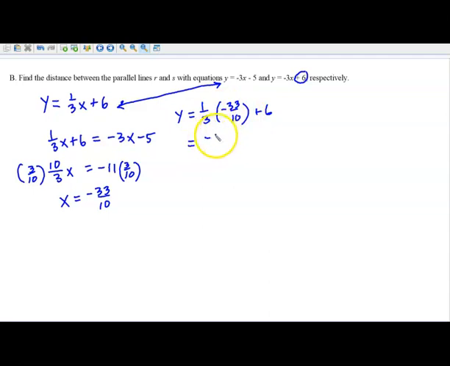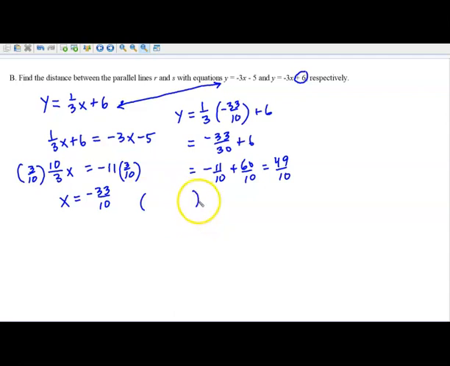So that's negative 33/30, which we can reduce down to make this a little bit easier. That's negative 11/10. And then this is going to be 60/10. And so the y value is going to be 49/10.